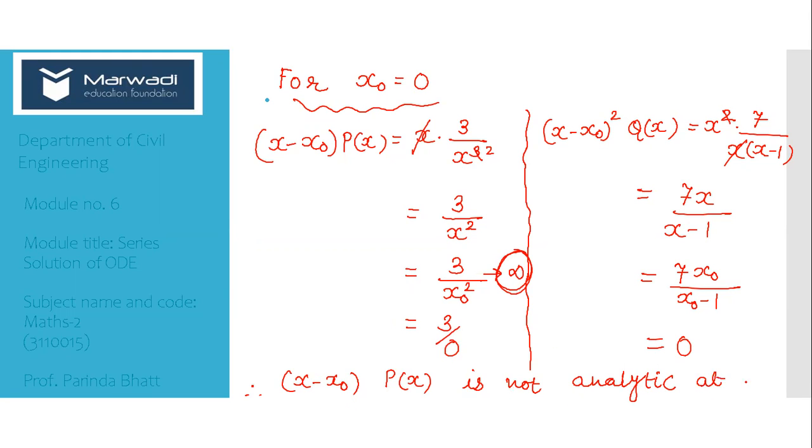Therefore, at x0 equal to 0, here one condition is not satisfied, therefore it is an irregular singular point. Now everyone, in the same manner, check for the point x0 equal to 1, and check whether both the values are finite; then this is the regular singular point. Otherwise, this is irregular singular.